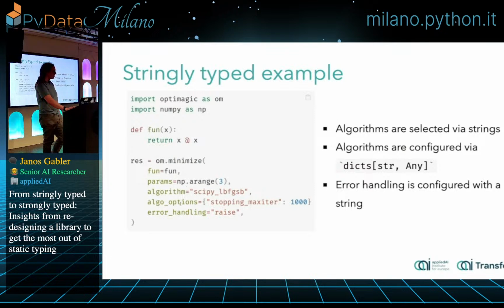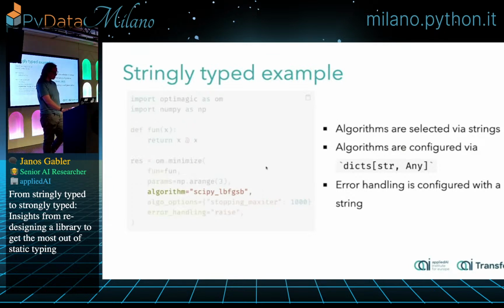Maybe you configure that algorithm. And maybe you also configure some other things. And what is stringly typed here is the algorithm is a string. It could be something else. Configuring the algorithm relies on strings, dictionaries mapping strings to other things. And also the configuration of the error handling here is relying on a string.